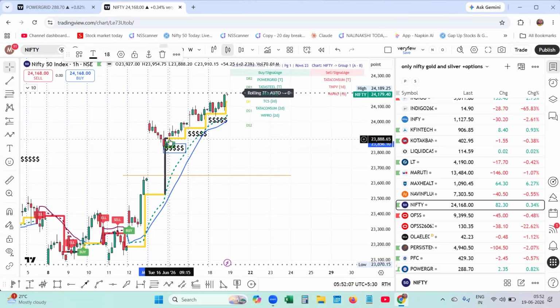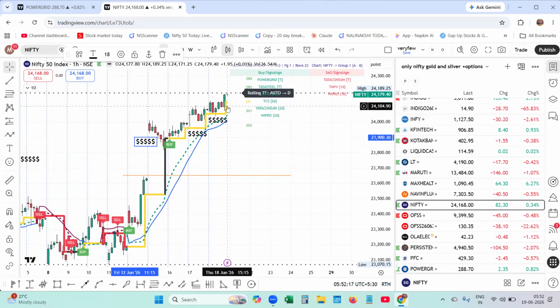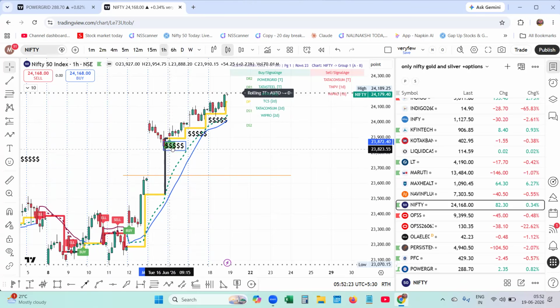So here the strong buyers are there. Market can trap these buyers' money. Long-term buyers who have gone long, because these are short term. After the gap up, these are the people who have gone long, and there is plenty of stop loss.